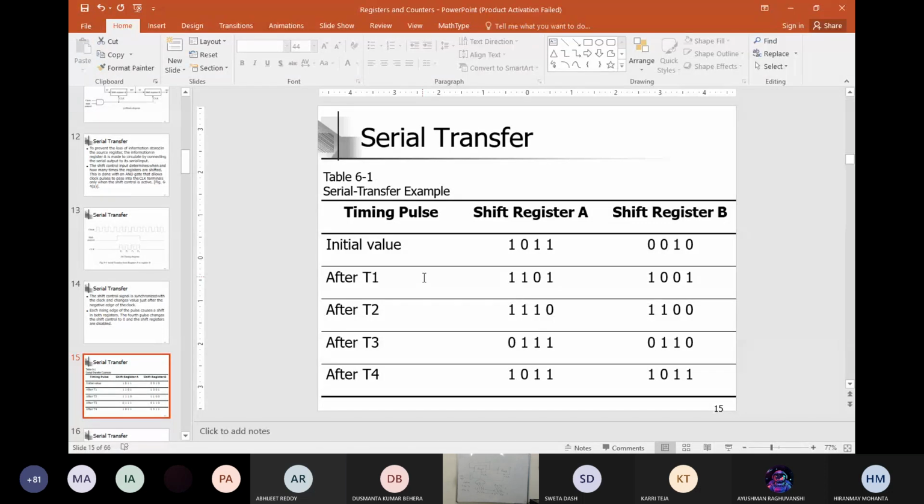Ma'am, 1100. Why is 1100 coming? That is what I was wondering. Because it is serial input, right? Serial input. So in T1, the input is like 1. So 1 will be inputted to register B.